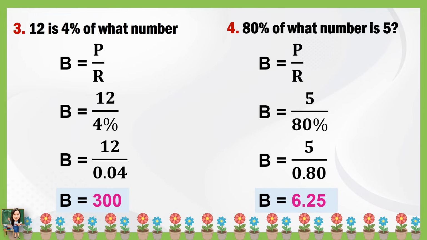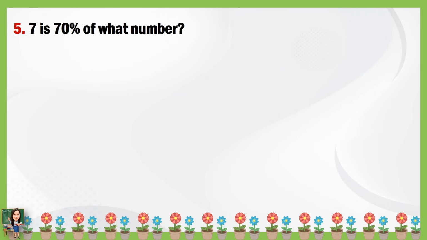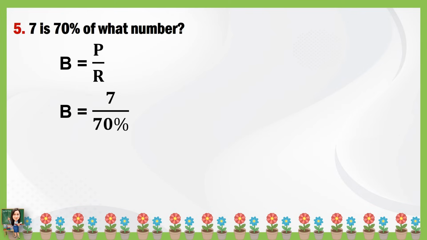The base is 6 and 25 hundredths. Number 5. 7 is 70% of what number? Use this formula. Base equals 7 divided by 70%. In decimal, 70% is 70 hundredths. 7 divided by 70 hundredths equals 10.